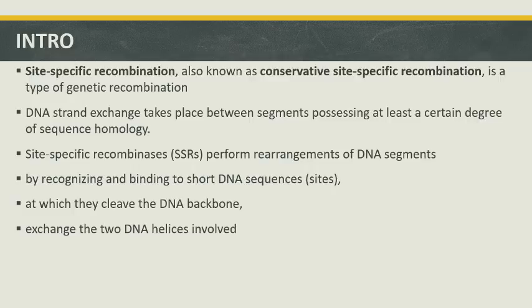After the cleavage, since it's a recombination, small portions of the DNA molecules are exchanged, and when the exchange is complete, the final part is the rejoining of the DNA strands, so the DNA molecules become intact, but now in a recombined state.